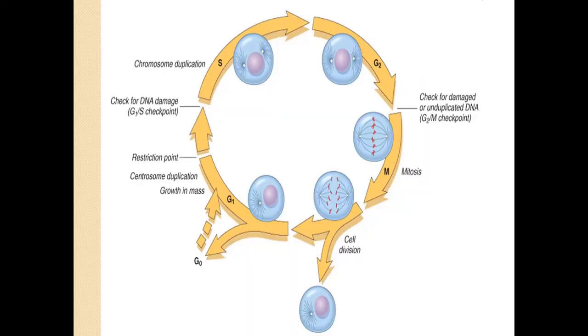When a cell passes through the cell cycle and these phases, first it has to present itself to certain checkpoints. You can relate these checkpoints to screening devices. These screening devices will identify any kind of damage or abnormality in the dividing cells.